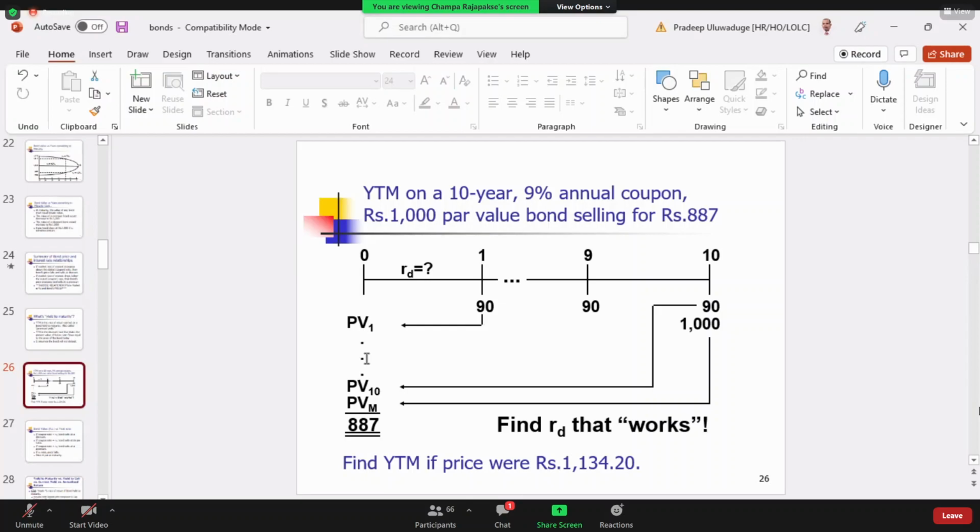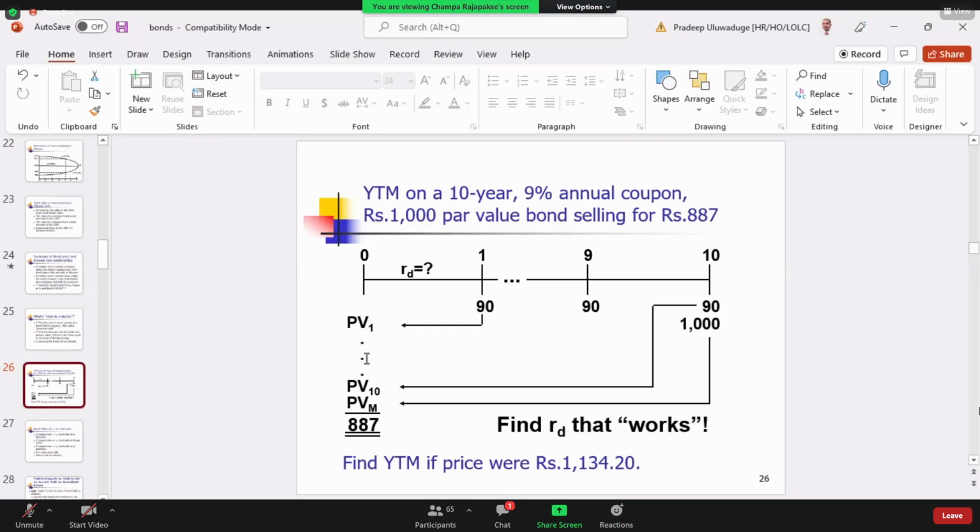And this is a 10-year 9% annual coupon bond with a face value of 1,000, so 9% will be received as coupon. The periodic payment on an annual basis will be 9% of 1,000, which is 90 rupees.